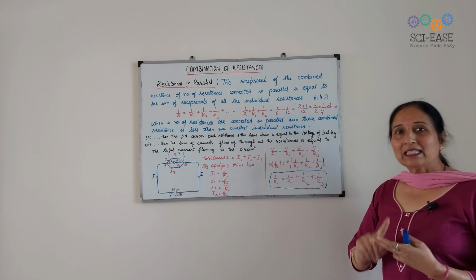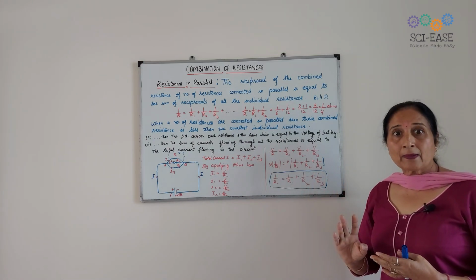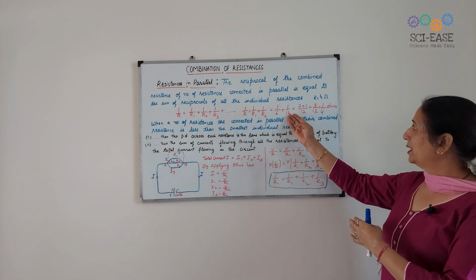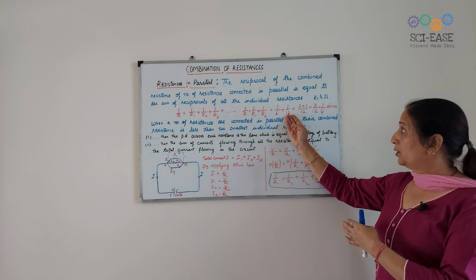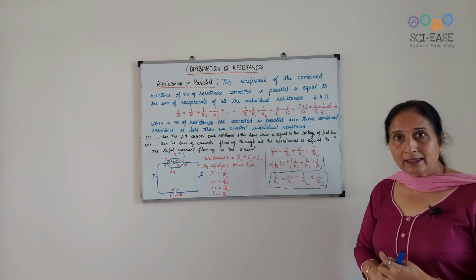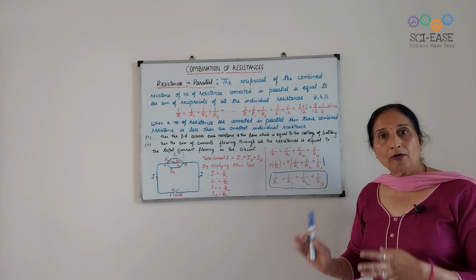On the basis of these formulae, for series as well as parallel, I have just calculated a small numerical also, so that you should understand. On the basis of these numericals, questions are often there.